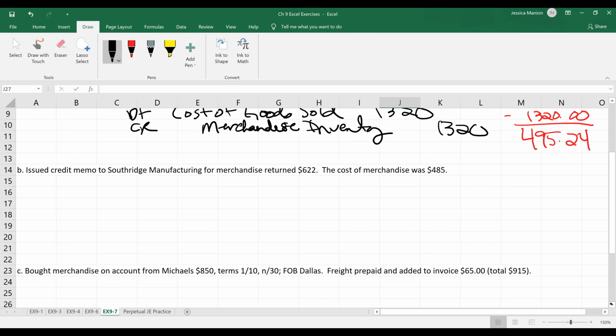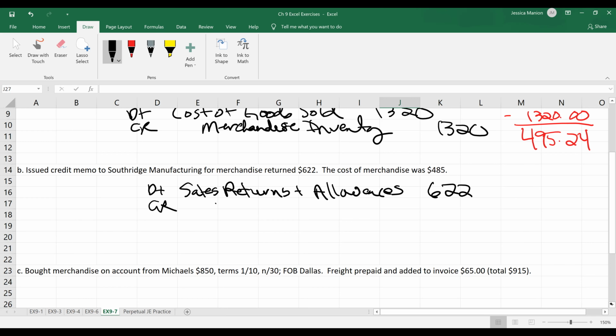So we've got the first entry, debit sales returns and allowances $622. Credit accounts receivable for this Southridge customer, $622.